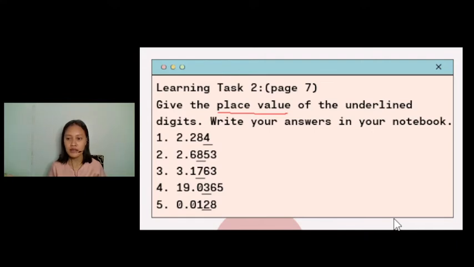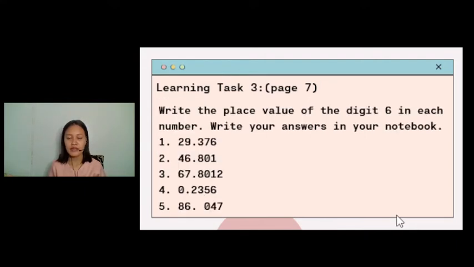Aside from that, try to answer learning task 3, page 7. Again, it is, I think, 1 to 10 din to, pero ang sasagutan nyo lang is 1 to 5. In here naman, you have to get the place value of the digit 6. So, titingnan nyo lang yung mga digit 6 per item, and then give the place value of this number. Okay?